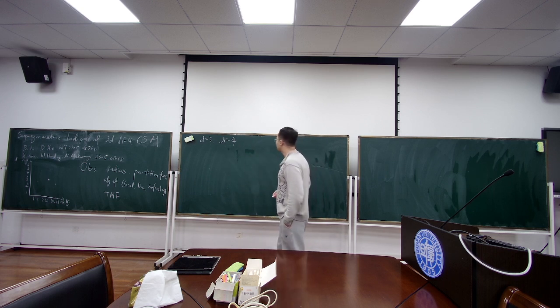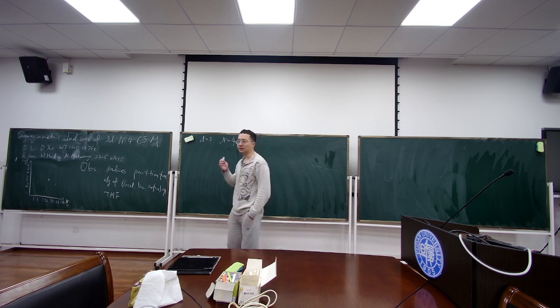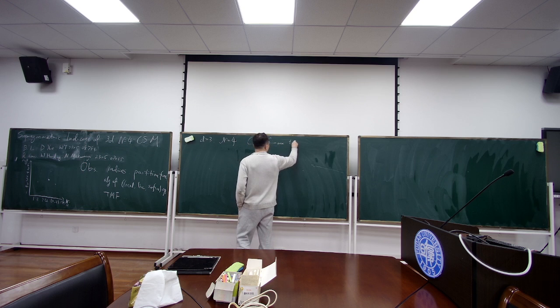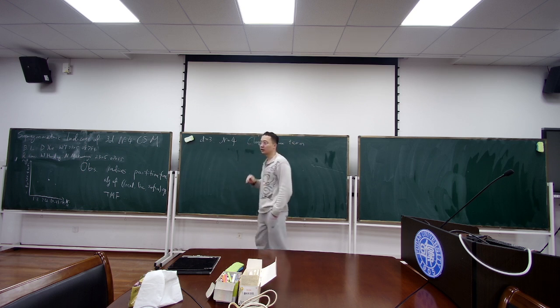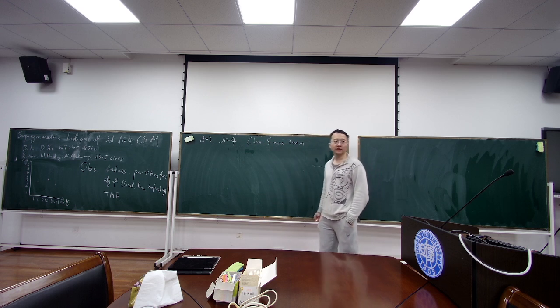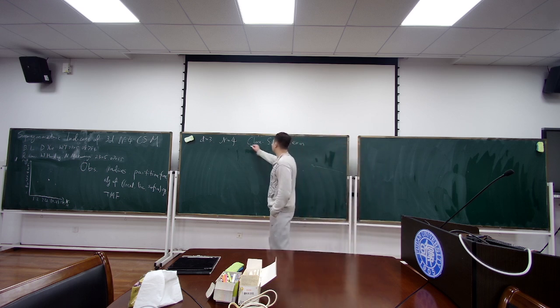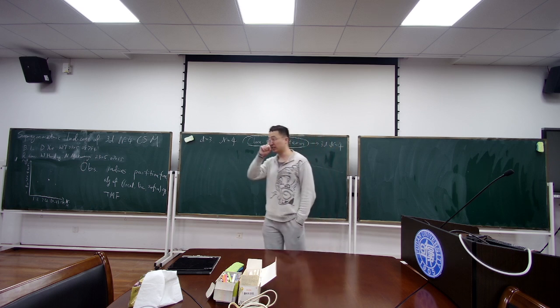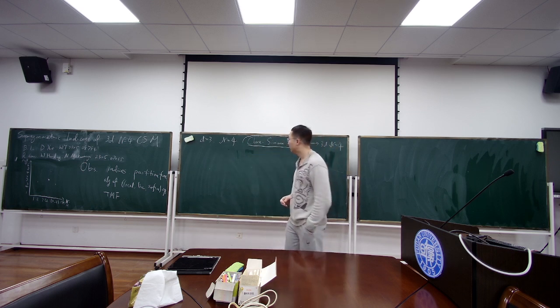But I'm going to add something to his description, that is some Chern-Simons level. So I will add Chern-Simons terms to this 3D N equals 4 theory. And in particular, even after adding the Chern-Simons action, I would like the theory to still preserve 3D N equals 4. I will explain how we actually get that later.